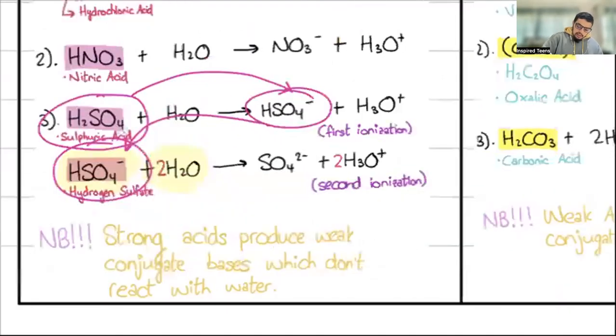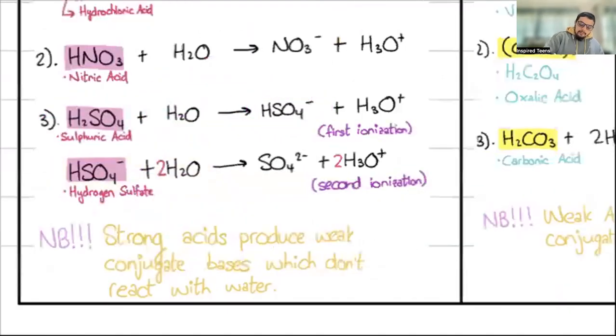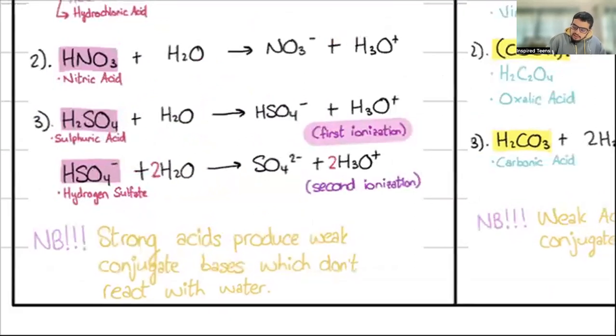So these two display the two levels of ionization for this reaction: the first ionization and the second ionization. So diprotic, what you need to remember, diprotic acids can be ionized twice. We can show two ionization reactions for them because they have two hydrogens to donate. That should make sense. They can have a first ionization and a second ionization.